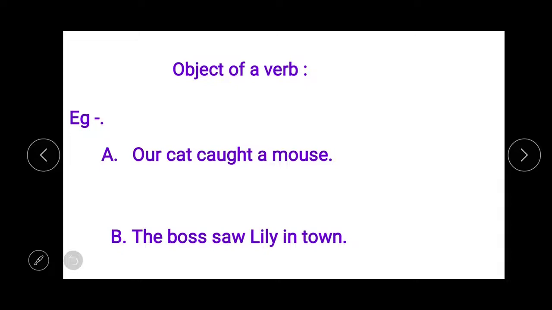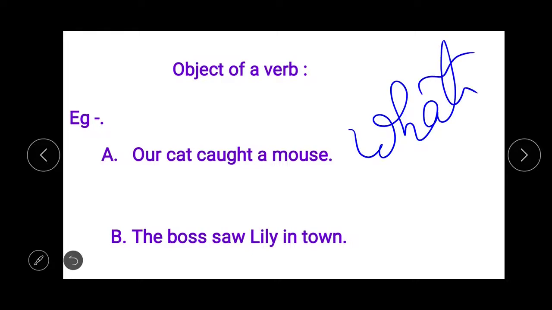So student, if we question the sentence A, what did our cat catch, then what will be your answer? Yes, of course, your answer will be a mouse.